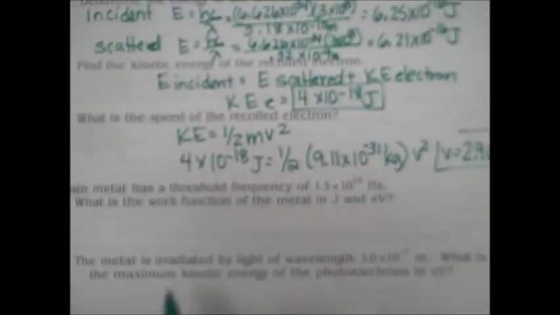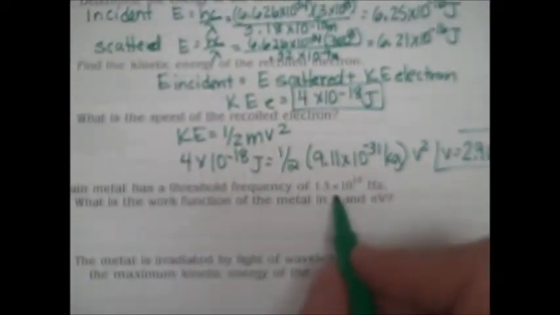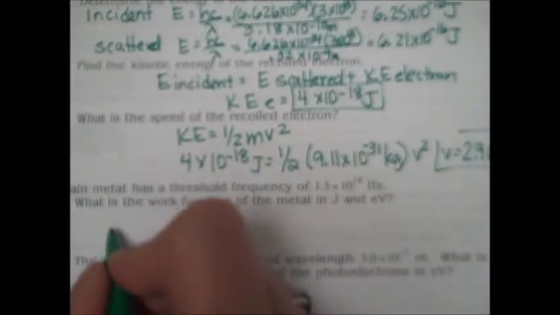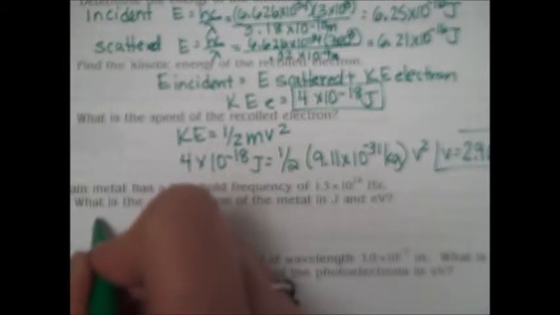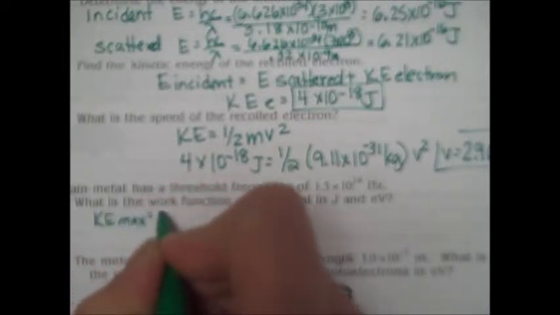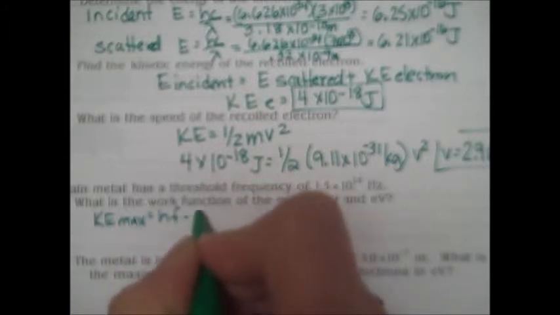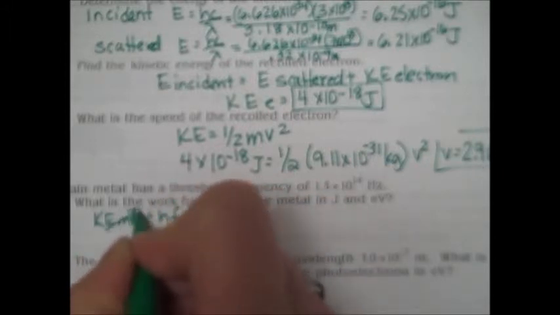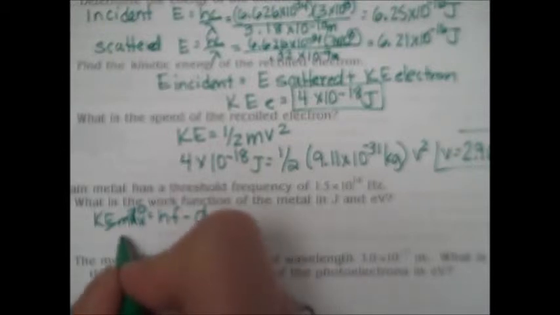Then I'd also like to do number 7. A certain metal has a threshold frequency of 1.5 times 10 to the 14 hertz. What's the work function? So I can do the KE max equals hf minus phi, where this would be 0 when we're considering the threshold frequency.